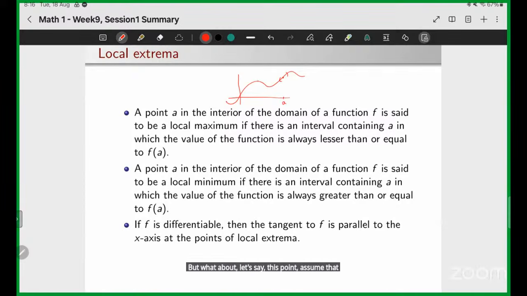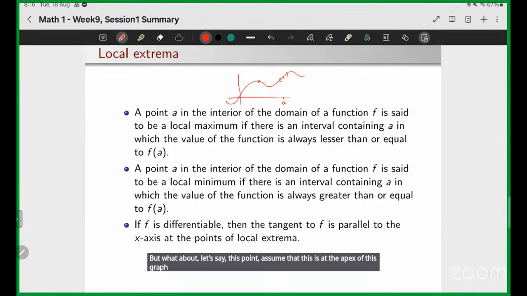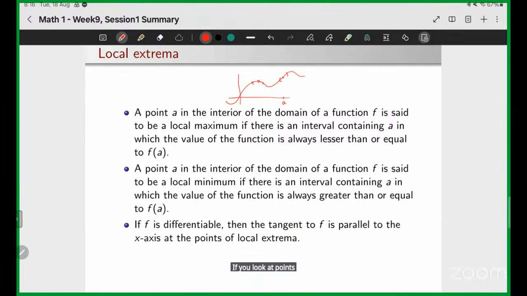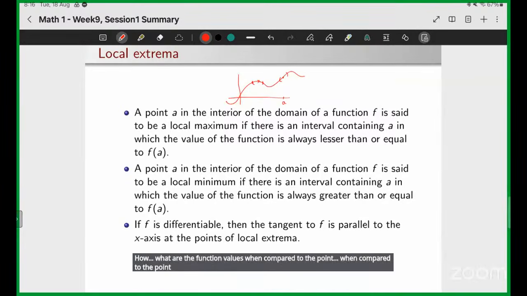But what about, let's say, this point? Assume that this is at the apex of this graph. If you look at points in the vicinity, what are the function values when compared to the point that is marked with a cross?